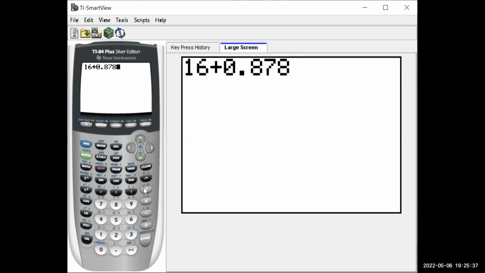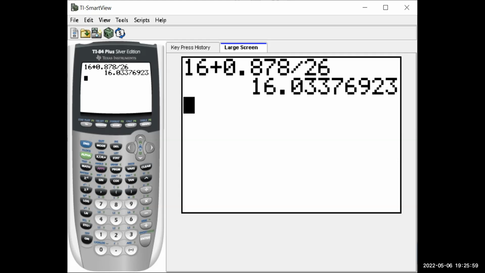Now, if you notice, I'm not putting it in parentheses, even though normally my OCD makes me, but that's because of order of operations. The calculator knows to divide the 0.878 by the 26 before it adds the 16, or at least it better.